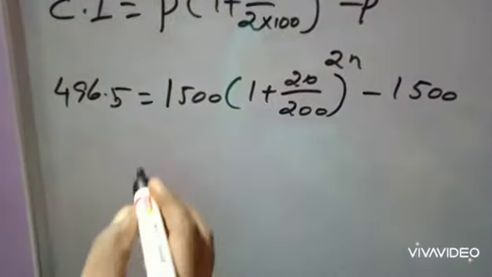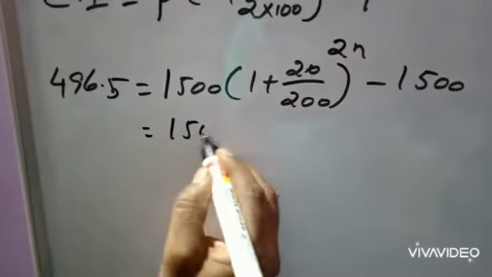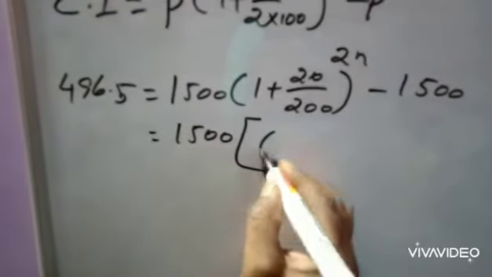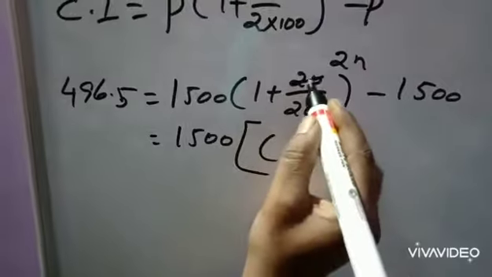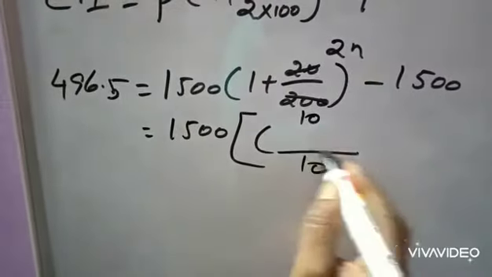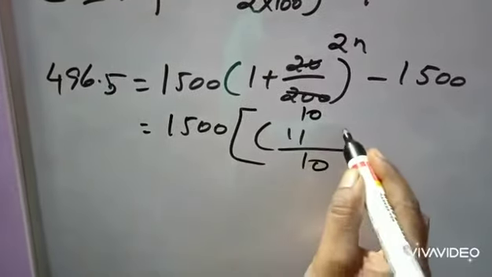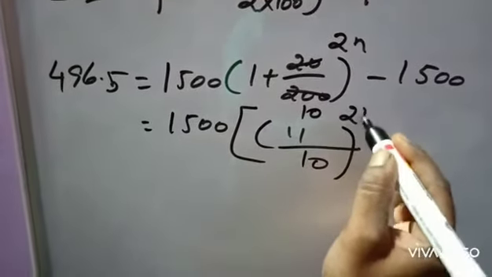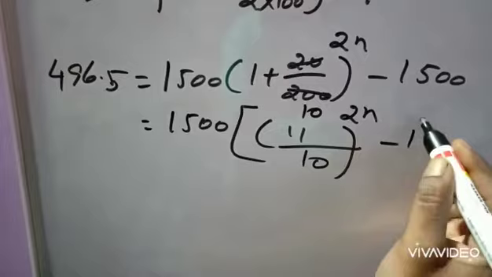So we can take 1500 one side, 1500 equal to, here we can cut, 20 is 10, so 10 LCM, 11 by 10 power 2n minus 1.